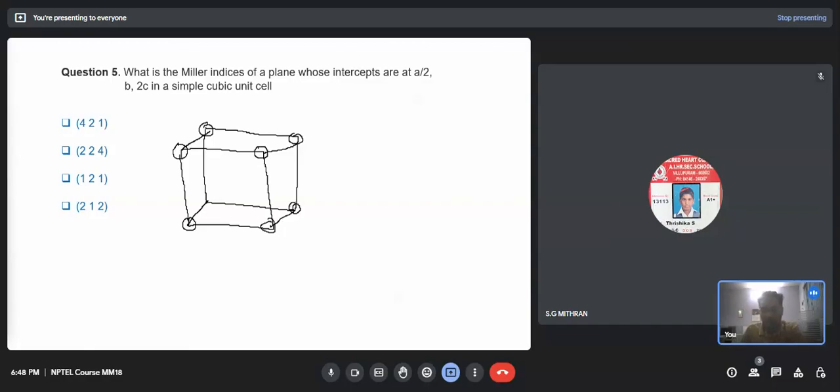First I'll write this axis, y-axis. This one I'm considering as the x-axis, and this one as the z-axis.